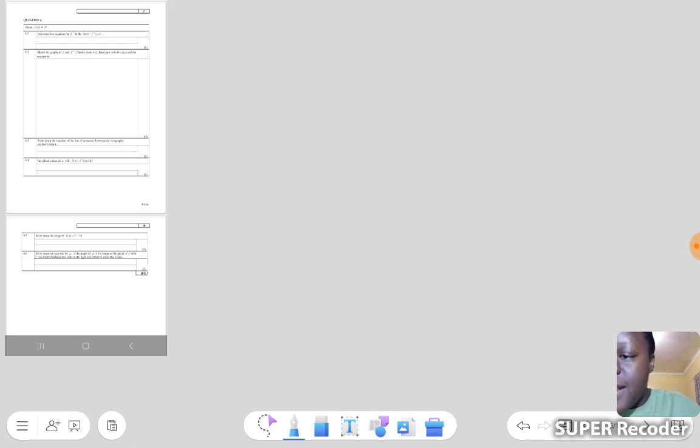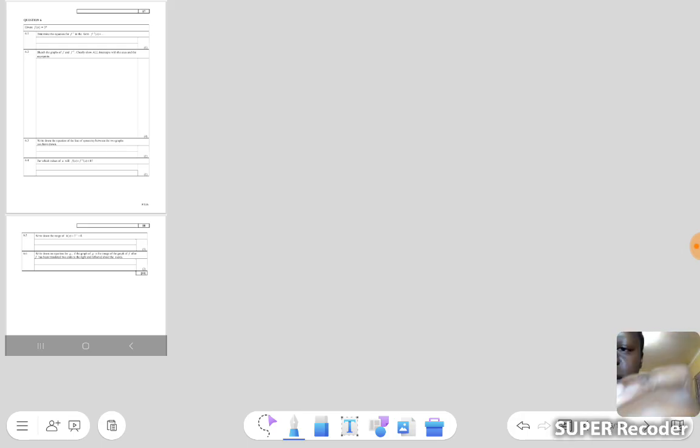So you have to know how to sketch an inverse graph and how to determine the values.